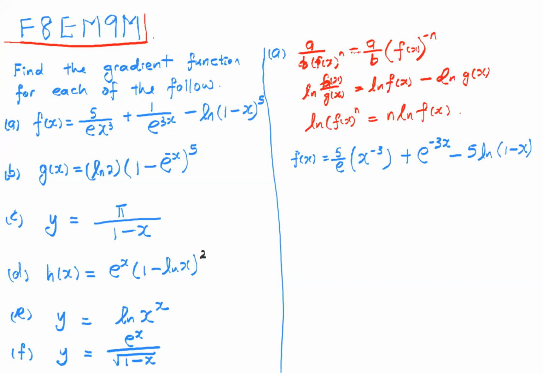Okay, so now I can start to differentiate. So the first one, when I differentiate, I'm using the power terms rule. Correct? Because it's x to the power of something. So I will say 5 over e multiplied by the power, take away 1.